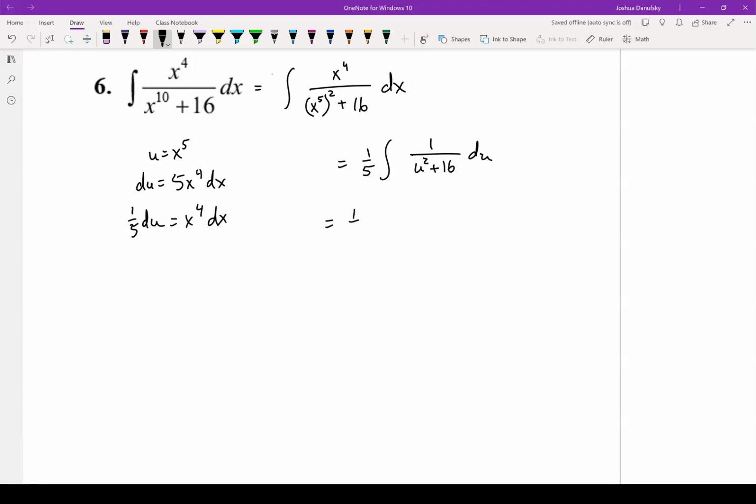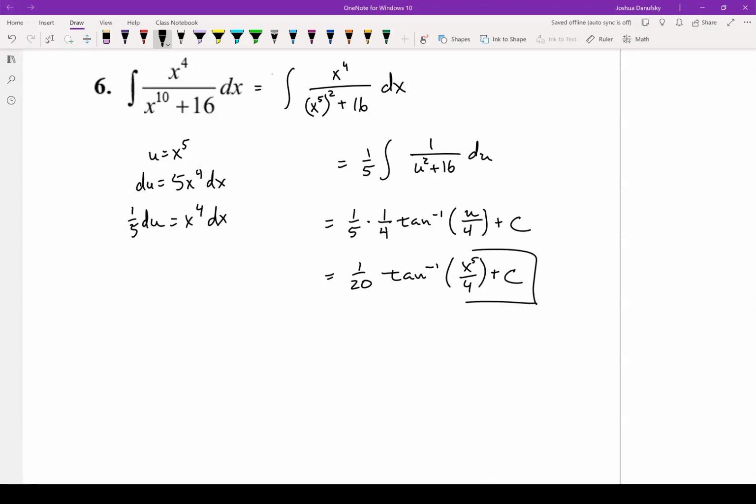So we get 1/5 times 1 over the square root of that constant, which is 4, tan inverse of u over that 4 again, plus c. This becomes 1 over 20 tan inverse, bring back our x to the 5th for the u, and we have it.